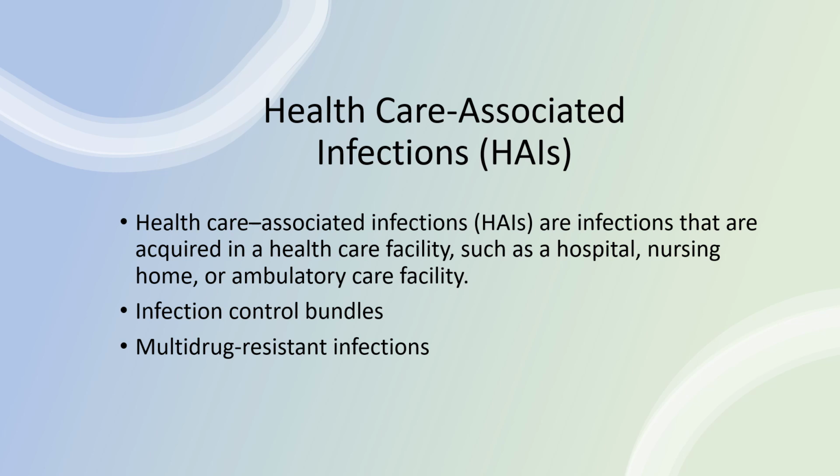There are 4 major healthcare associated infections: central line associated bloodstream infections, known as CLABSIs, catheter associated urinary tract infections, CAUTIs, surgical site infections, SSIs, and ventilator assisted pneumonia or VAPs.